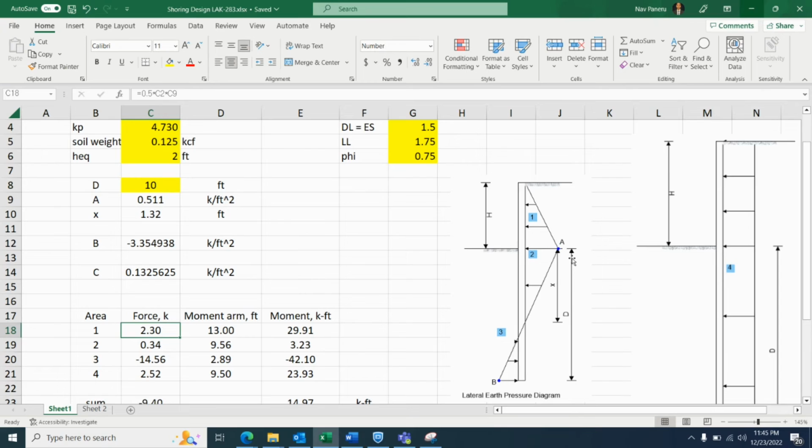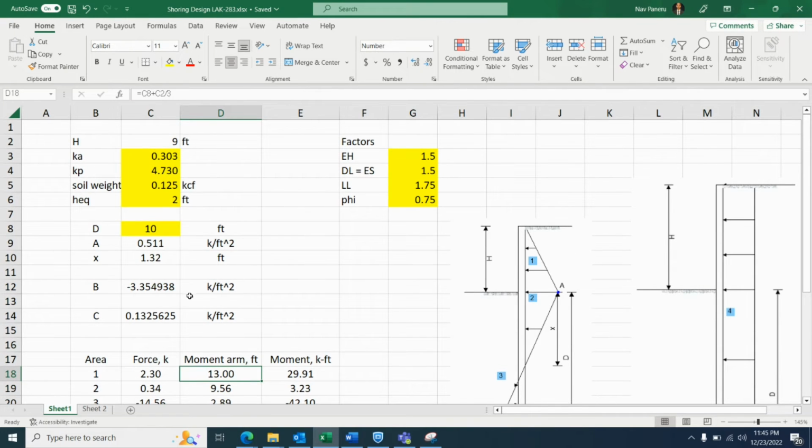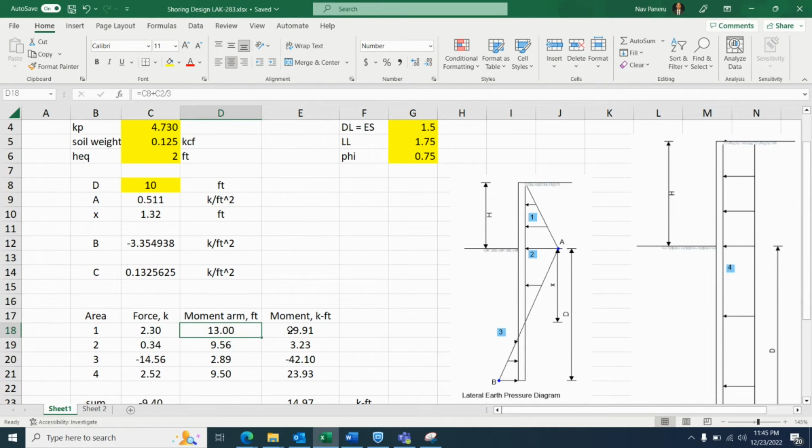The moment arm will be H divided by 3, because the CG lies at a distance of H by 3 from the dredge line, and then we add depth D. So it will be C8, the depth D, plus H by 3, and when you multiply both, you'll get the moment.